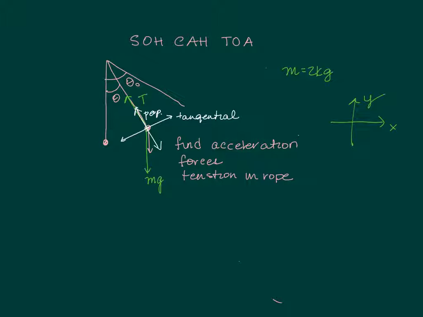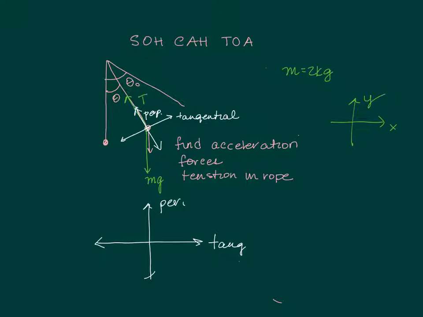Okay, so for this kind of problem, we're going to need to identify forces. So what I would do at this point is try to make the coordinate system something that I can understand a little bit better. So I'm going to redraw it with this as the tangential and this as the perpendicular. If you want to think of them as x and y's, you can, but you certainly don't have to.